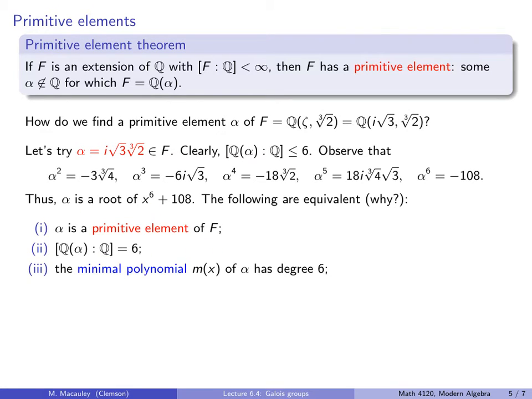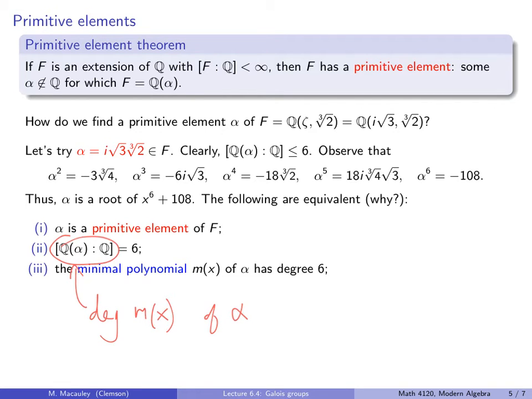Next, the minimal polynomial m of x of alpha has degree 6. Recall from the previous lecture that the degree of an extension like this is equal to the degree of the minimal polynomial of alpha.